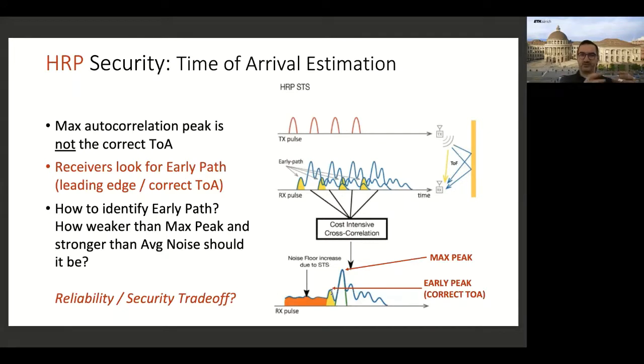So we were able to inject something that is in some sense random, but when the autocorrelation was generated, a sufficiently strong peak, a sufficiently strong early path that fooled the receiver into calculating an earlier time of arrival. Okay.